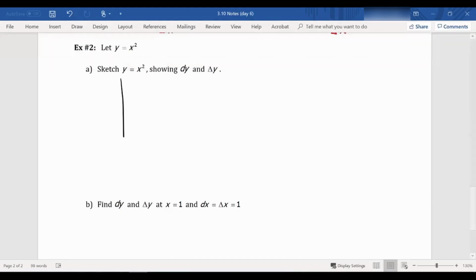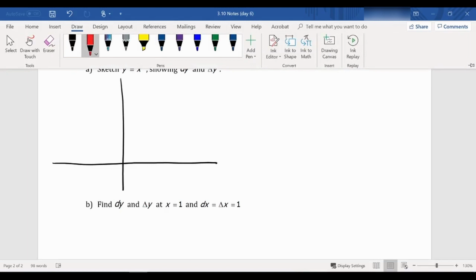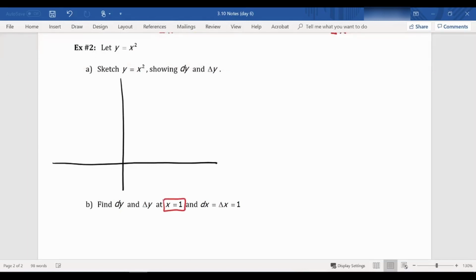So first, let's draw ourselves a picture. We're trying to draw x squared. And if we read part B, it's telling us we're eventually going to want to find dy and delta y at x equals 1. So I want some information about x equals 1 on my picture. And I've been told that dx and delta x, remember those are the same on both the pictures we drew above, equal 1.